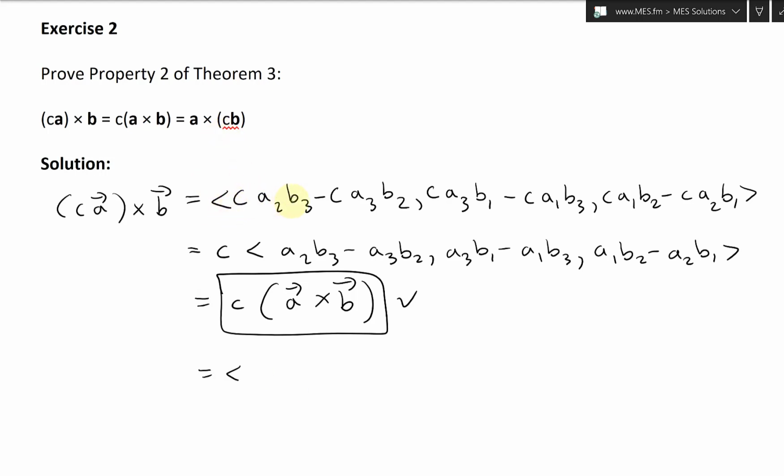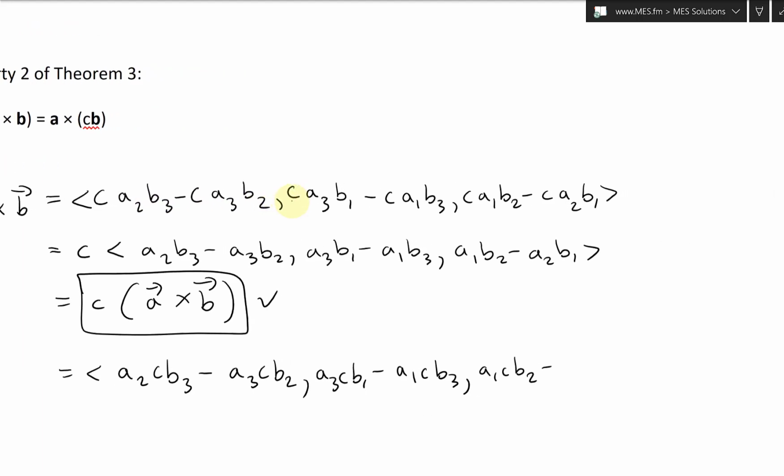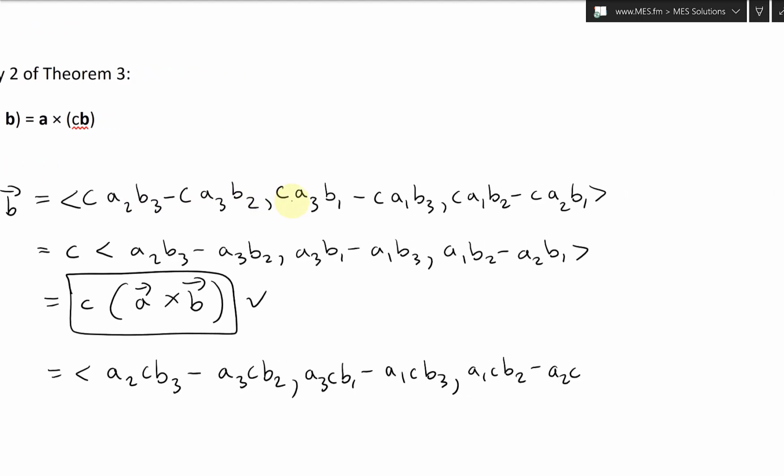So this becomes A2 C B3 minus A3 C B2, then put a bracket and a comma for the next component. Then we'll have A3 C B1 minus A1 C B3. Next one is A1 C B2 minus A2 C B1.